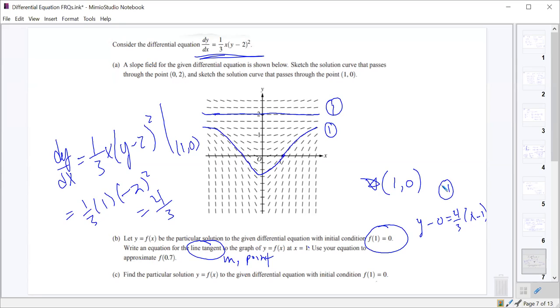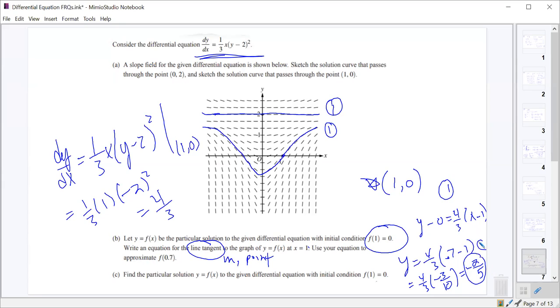And then they wanted you to approximate f of 0.7 using it. So that's just a matter of doing 4/3 times (0.7 minus 1), which is -3/10. That gives you 4/3 times -3/10, which looks like -2/5, or you could have left it as a decimal, -0.4.